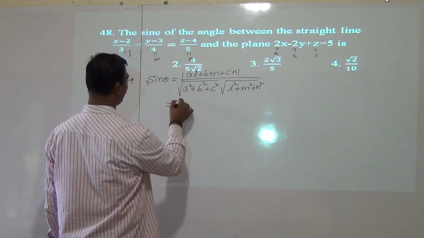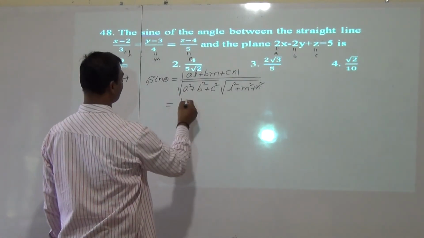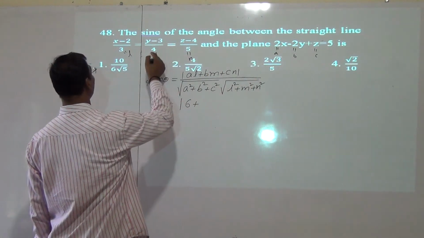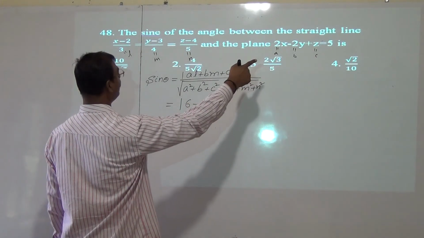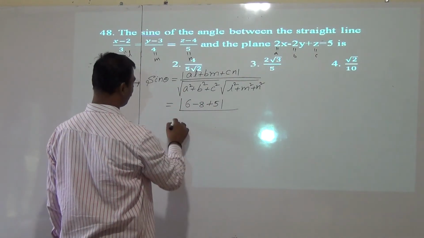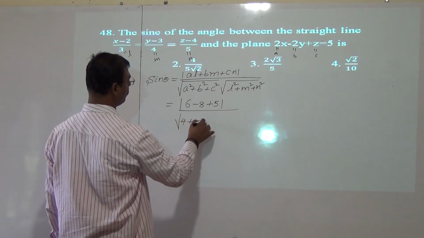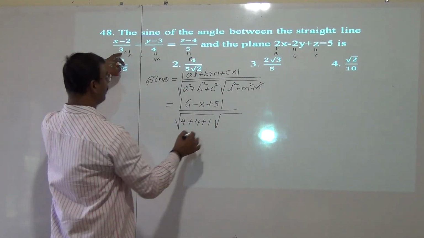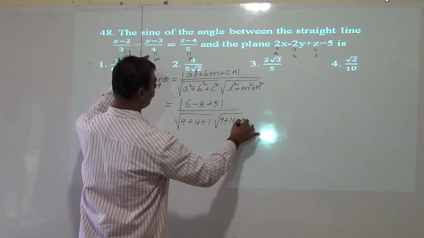Now use the formula: magnitude of 2 into 3, 6, plus minus 2 into 4, minus 8, plus 1 into 5, plus 5, divided by square root of 2 square, 4, plus minus 2 whole square plus 1 square, into square root of 3 square plus 4 square, 16, plus 5 square.